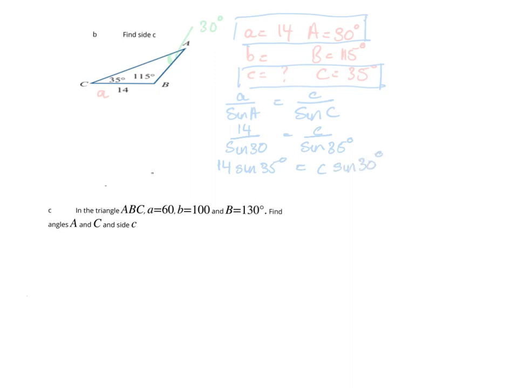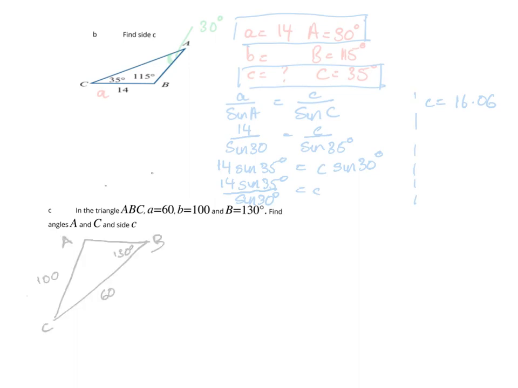Let's bring that sine of 30 back over by dividing. So it's 14 sine of 35 degrees divided by sine of 30 degrees. That's what C is equal to. Well, when we put that into our calculator, we end up with C is equal to 16.06.